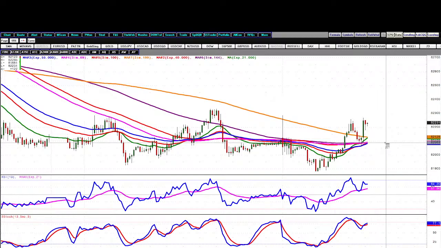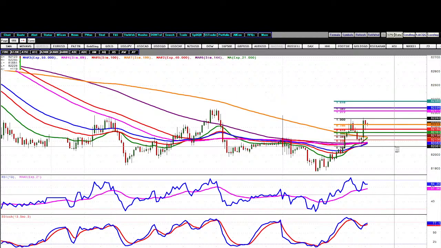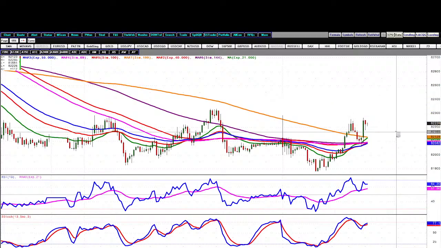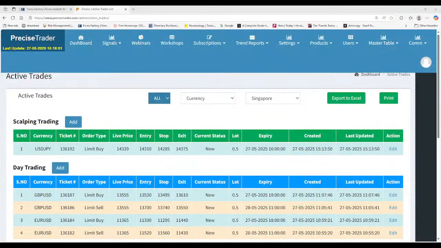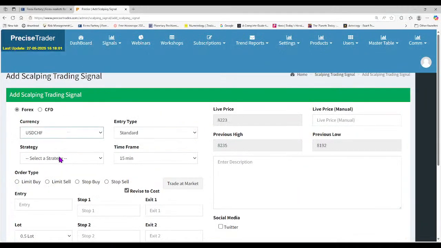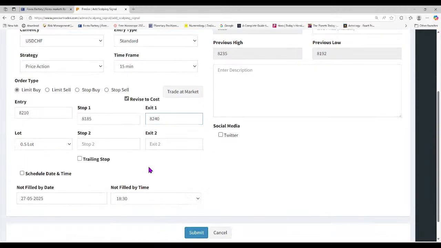So what we can do, we can go for a buy at 82.10 and exit at 82.40. Okay, it's only about 30 pips move we are looking for, and the stop we should put 81.90 or 81.85. Okay, let me give you this call. 82.40, and this is only until 4 o'clock.